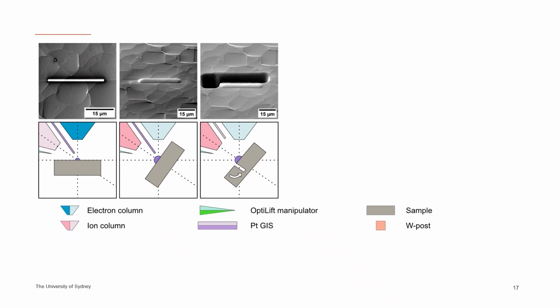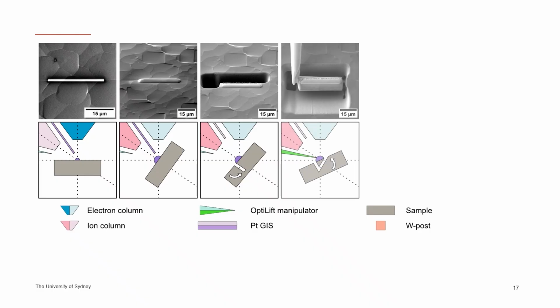Instead, I performed the first cut at 50 degree stage tilt and then performed the second cut at 0 degree stage tilt. This is to ensure that any thin films have an orientation that is inclined to the analysis direction, to ensure a smooth transition for layers of different field evaporation properties.